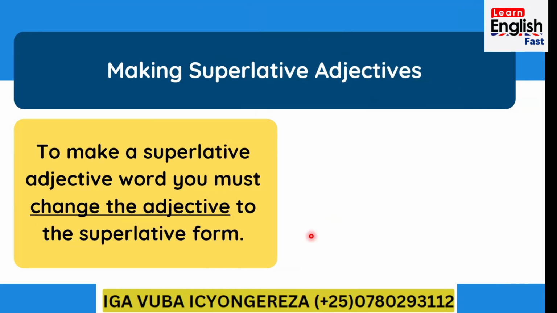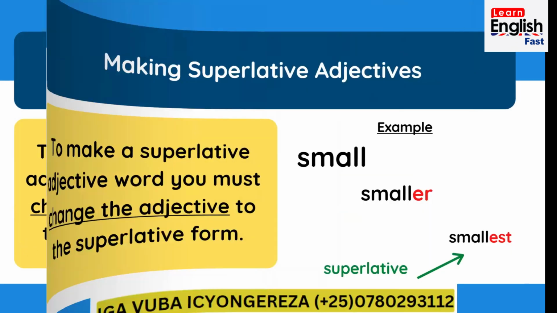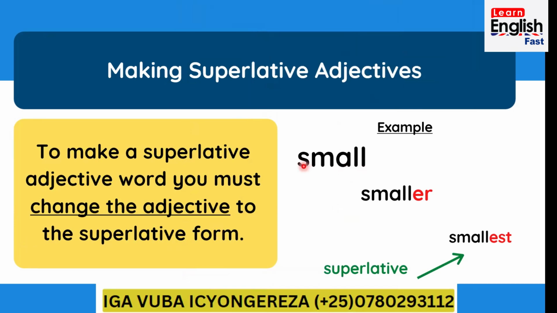Tugiye kureba amategeko tugenderaho dukora superlative adjective form, uko zigenda zikorwa. Here dufite small, muri comparative twabonye ko tuvuga smaller, and in superlative that is smallest. Tugiye twongeyeho est, tugiye kureba rero amategeko tugenda dukurikiza iyi est tugenda tuyishiraho.